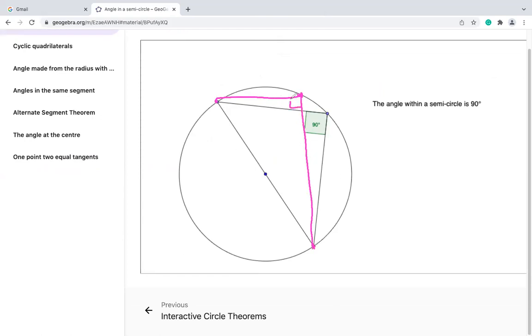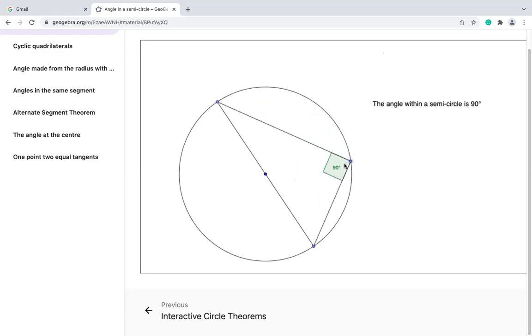Wherever I join this point with the end points of the diameter, it will always create a right angle. This is a very important property and has been assessed several times. Let's have a visual look at this. You can clearly see that if I drag the slider here, it is not changing its position. Here also you can see that the angle is always a right angle in a semicircle.